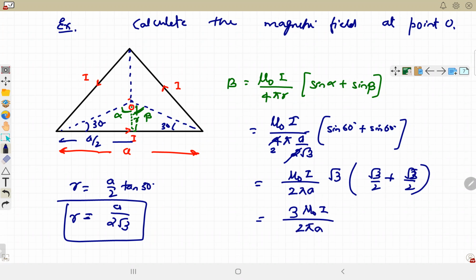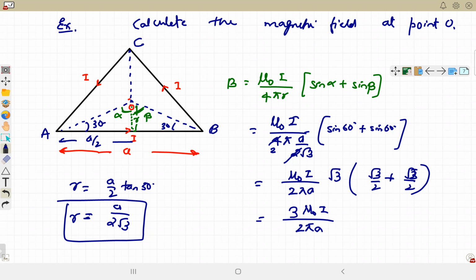What is the direction, Bharat? What is the direction of magnetic field due to side AB? We will use root of a square plus b square plus 2ab cos theta. I asked about the direction, man, what are you saying? I'm asking the direction of magnetic field due to wire AB, the bottom base side. Meher, what will be the direction of magnetic field due to wire AB?